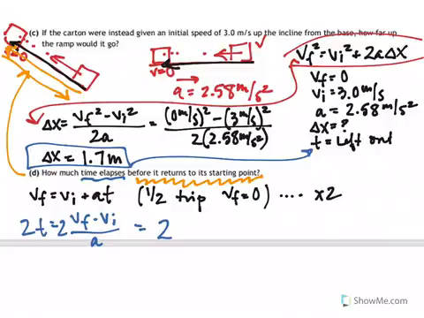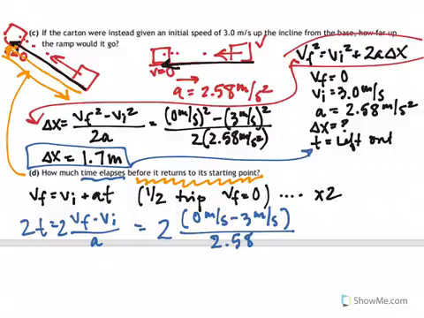So I've got 2 times 0 meters per second minus 3 meters per second, divided by my acceleration from part A, 2.58 meters per second squared. And you'll notice you end up with a negative sign. We can think about the diagram that we drew above.